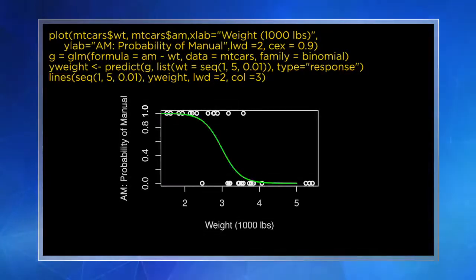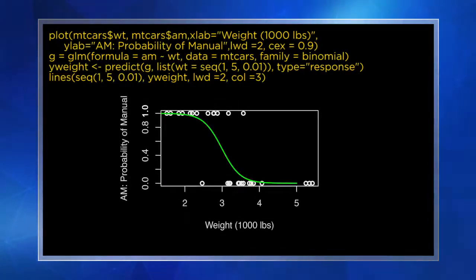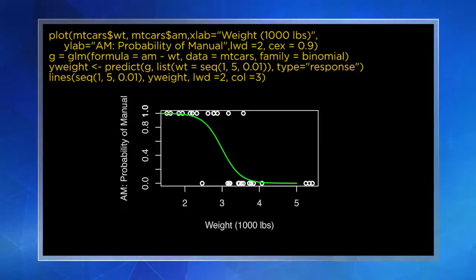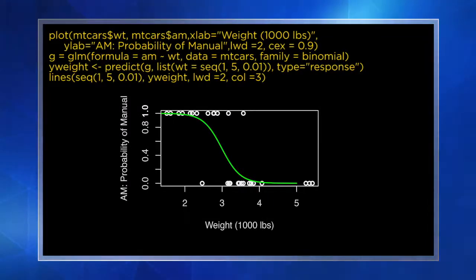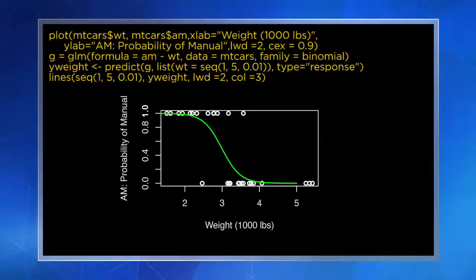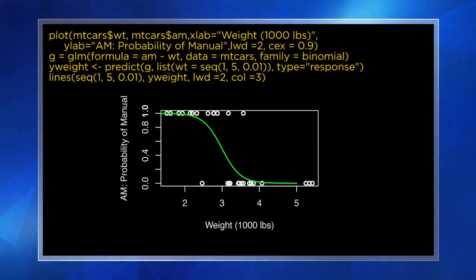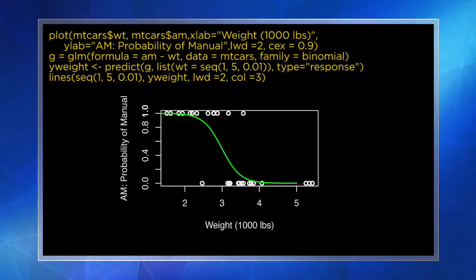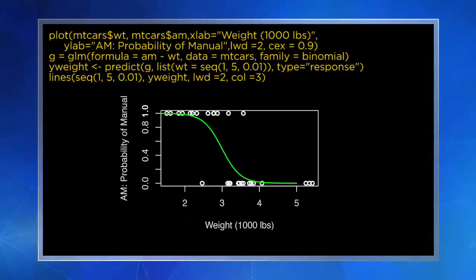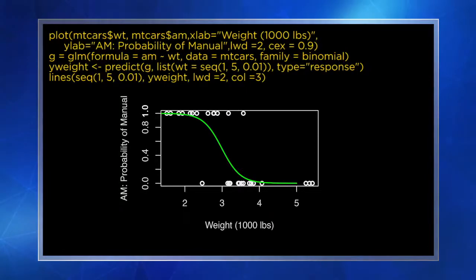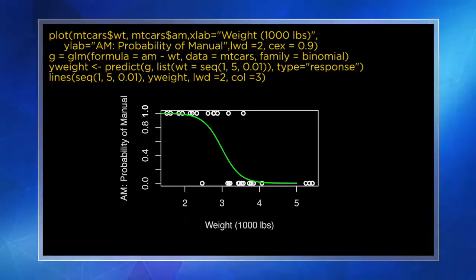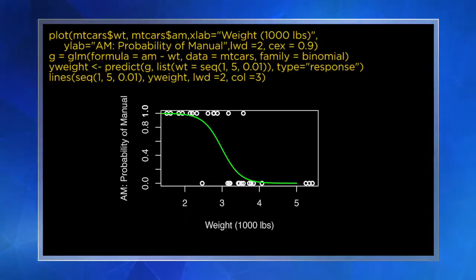Check this out. So remember, our automatic or manual is binary, so it's 0 or 1. And our logistic regression is trying to fit a continuous function to that data, right? It goes from -infinity to infinity. So here you see weight on the x-axis in 1,000 pounds versus am on the y-axis.